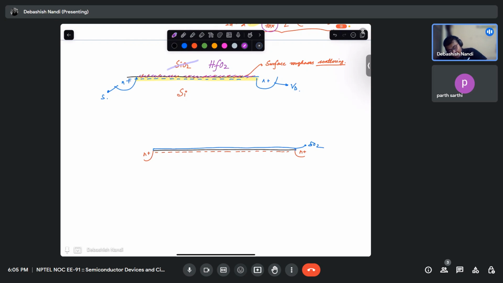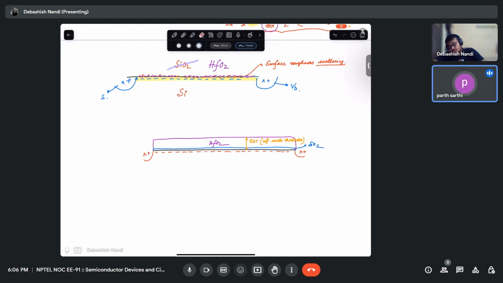And the other part, I will compensate with HfO2. So your surface remains intact. And what is the gain you are getting? That your TOX, or it is called EOT, effective oxide thickness, has not hit the order where your tunneling will take place.